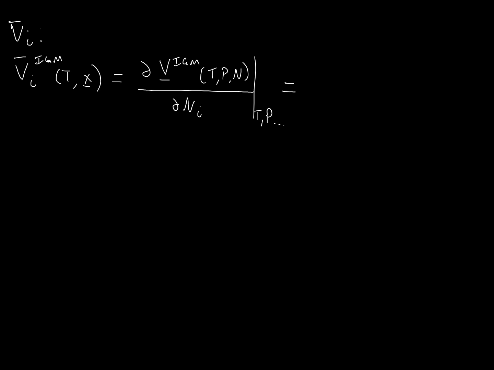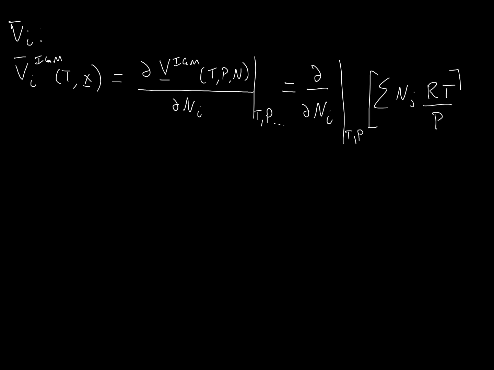So we can write this then as d(nI) at constant temperature and pressure as the summation of nJ RT over P. All right, so we've just substituted in the ideal gas law, PV equals nRT, but I've just solved for V and substituted it in.